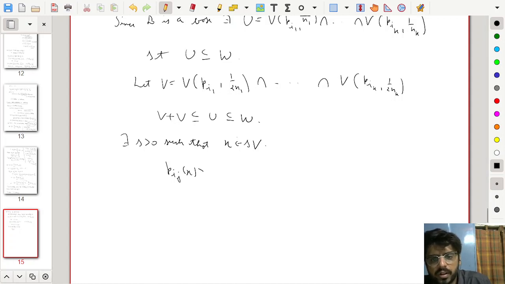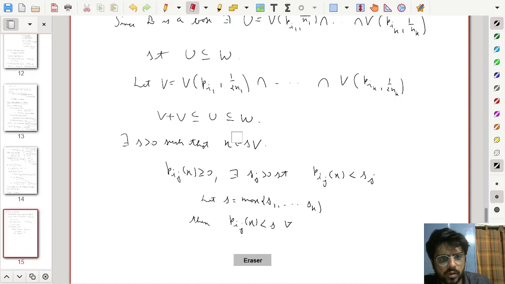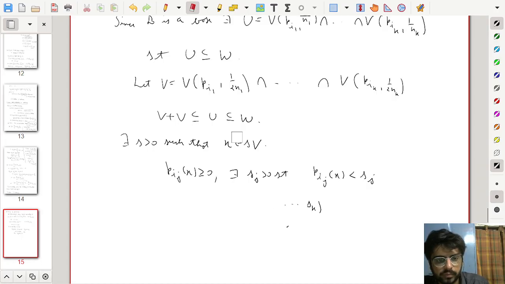This is greater than or equal to 0, so there exists some s_j positive such that p_ij of x is strictly less than s_j. Let s be the maximum of s1 up to sk. Okay, one minute, this is not correct. Sorry.